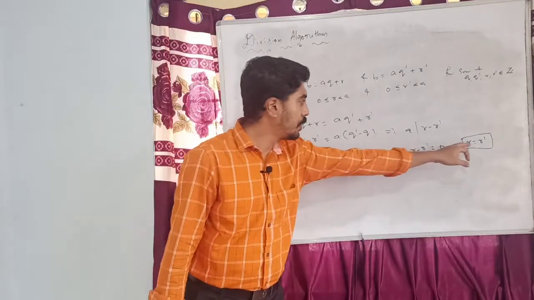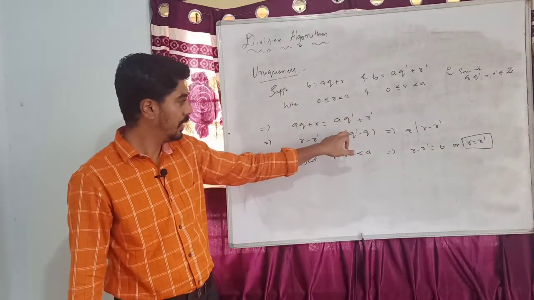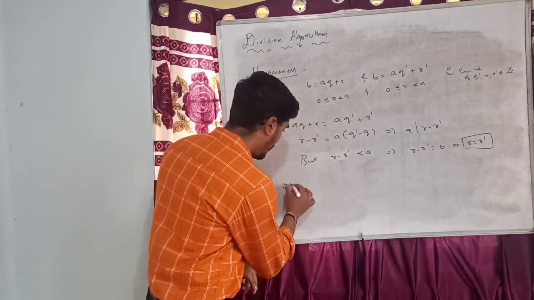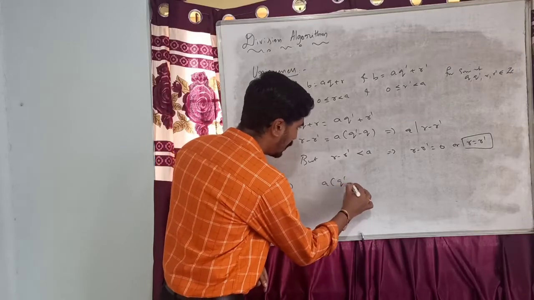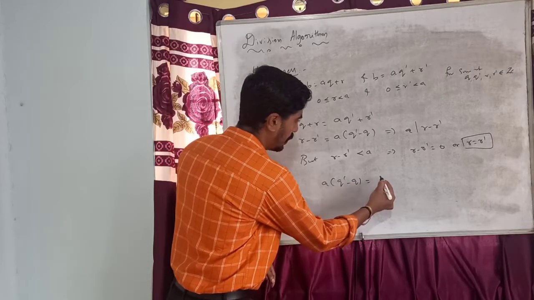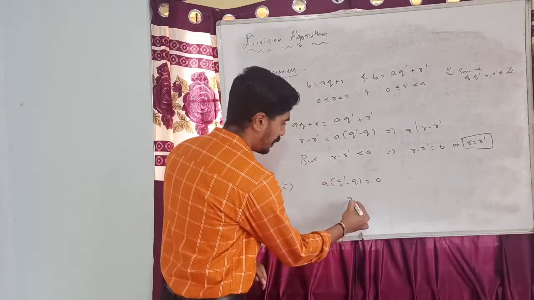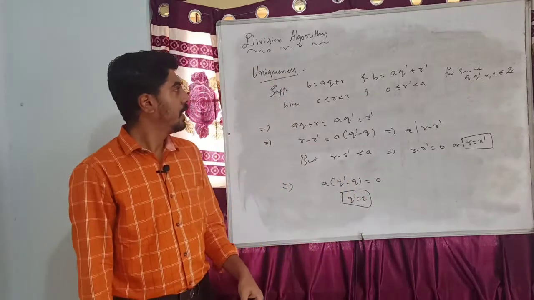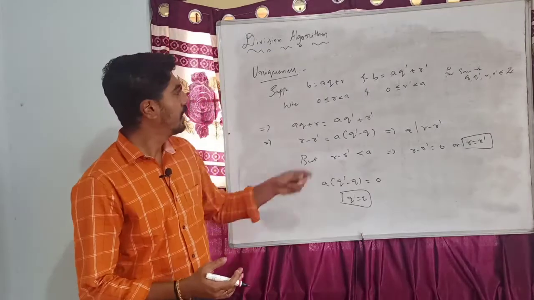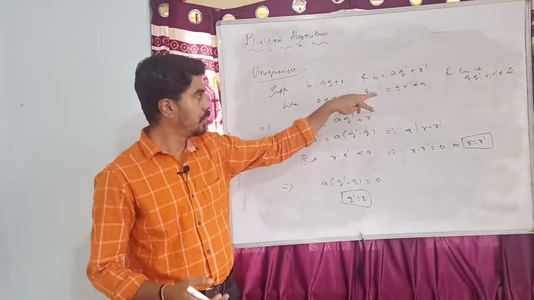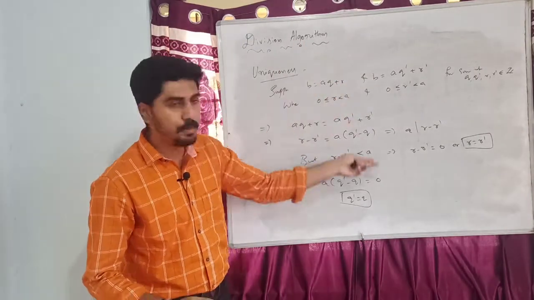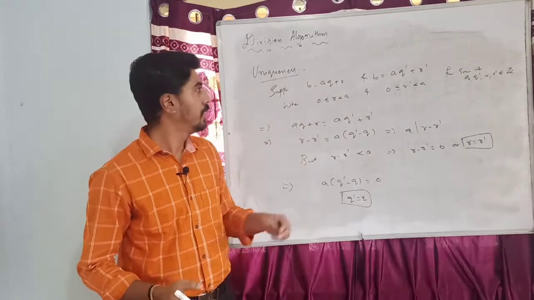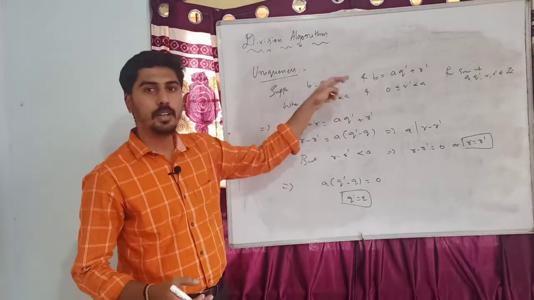If I put R equal to R dash here, I get a into q dash minus q is equal to 0, or q dash is equal to q. So what we have shown here is, if you have two quotients and two remainders, they should be identical. So q and R are unique.